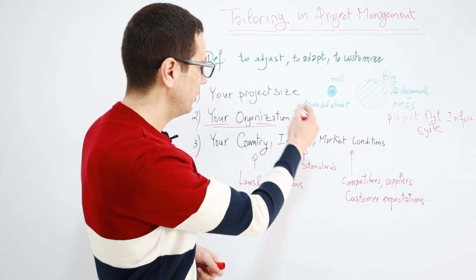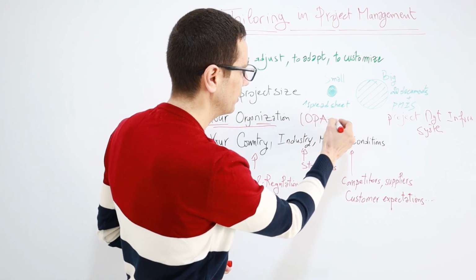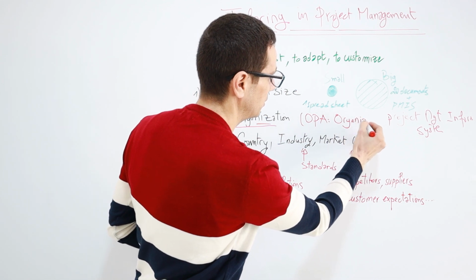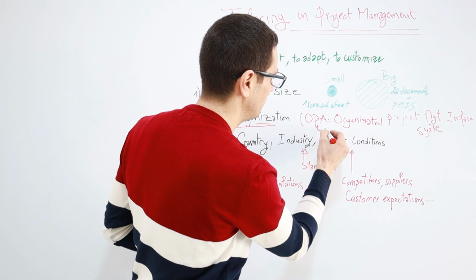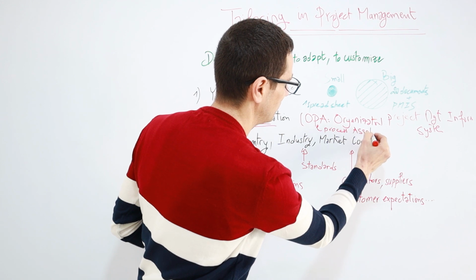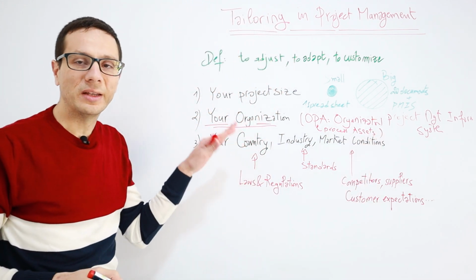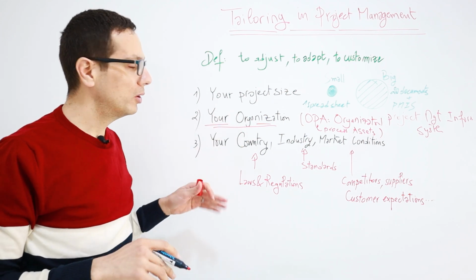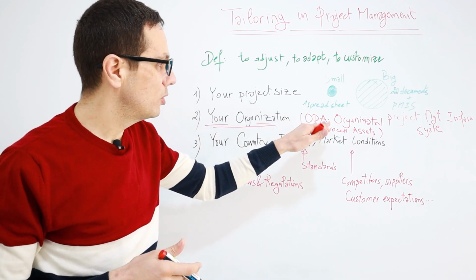And these things, we call them OPA, Organizational Process Assets. All this stuff that your organization requires you to follow or to take into consideration is considered as OPA.